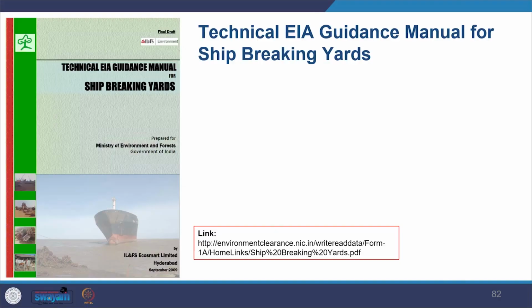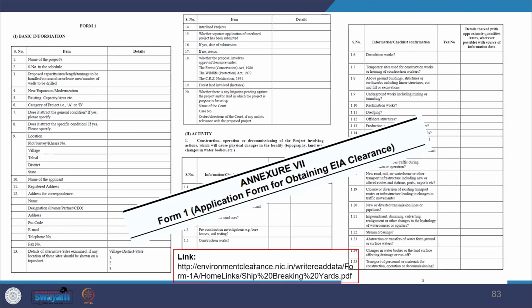This is a manual by ILFS, for the Ministry of Environment and Forests, Government of India. You undertake all this information, like the basic information about the project, which you can see in number 1. In number 2, you would see all the natures of activity, and it provides you with the information checklist confirmation.